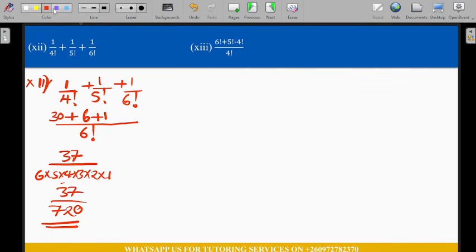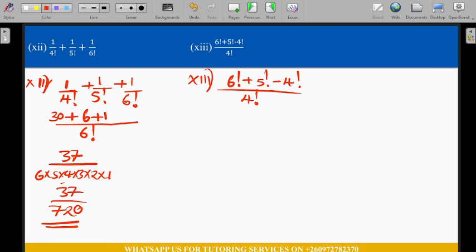So now moving to 8. For 8, we have 6 factorial plus 5 factorial minus 4 factorial over 4 factorial. So for this, you can't add and subtract directly.